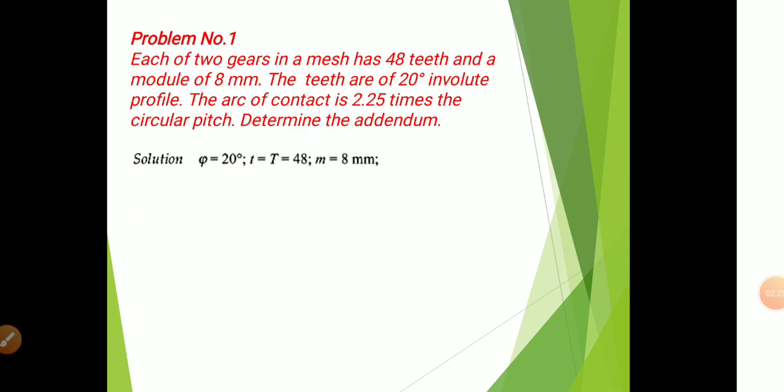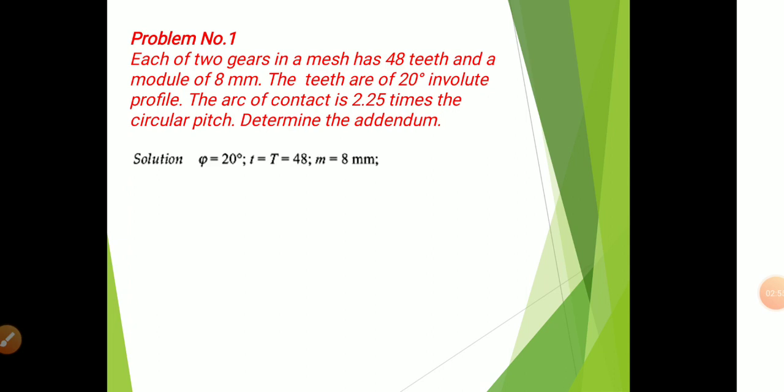Small t stands for the number of teeth on the pinion, and capital T stands for the number of teeth on the wheel, or simply small gear and large gear.